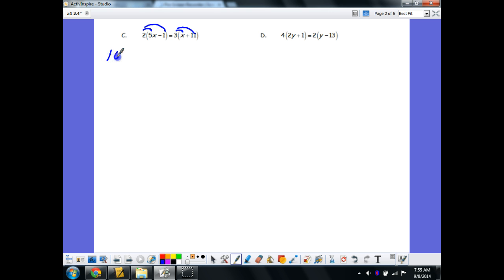So we have 10x minus 2 is equal to 3x plus 33. And justifying that, you can say that that is the distributive property.